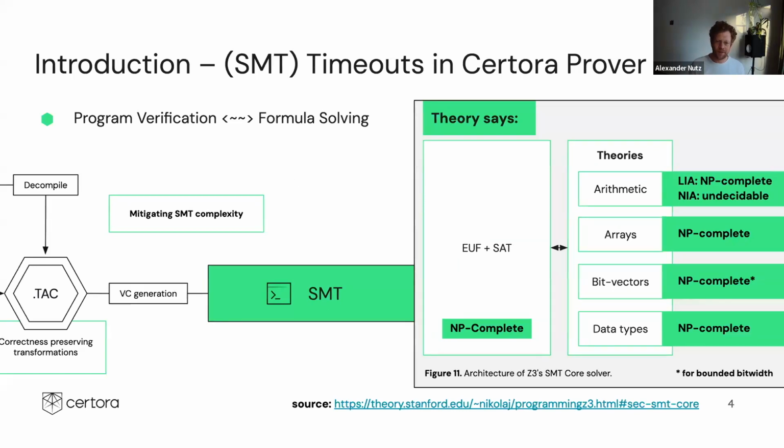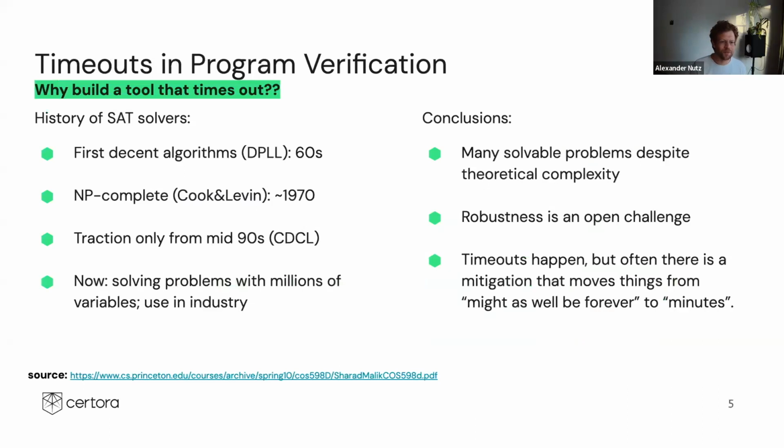But to set that off, I want to tell a little bit about history, and that's of SAT solvers. SAT is a very famous problem in computer science. It's satisfiability of propositional formulas, and people had algorithms in the 60s. In a way, they're still used.